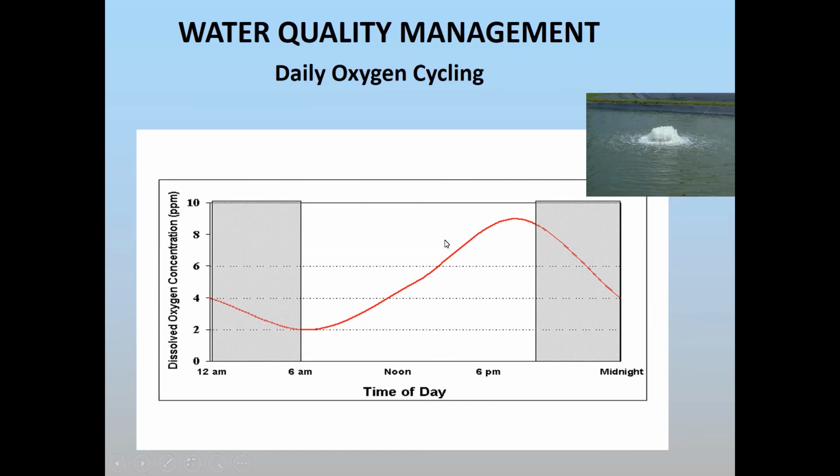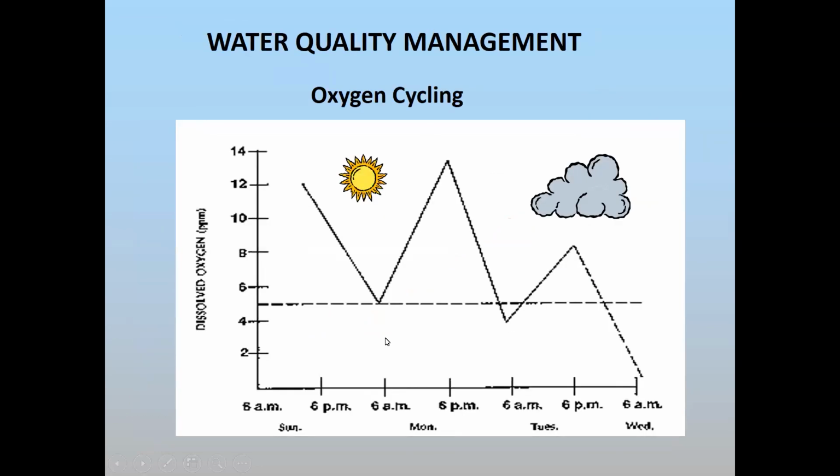And aeration can be used with different types of strategies, put on a timer and operated during the nighttime hours to try to reduce that dip, if you will. It's also important to note that sunlight is really critical to that oxygen production. And so when you have a situation here in bright sunlight, you're getting that nice peak, high concentrations of oxygen, but then you start having a couple of cloudy days and it'll drop off.